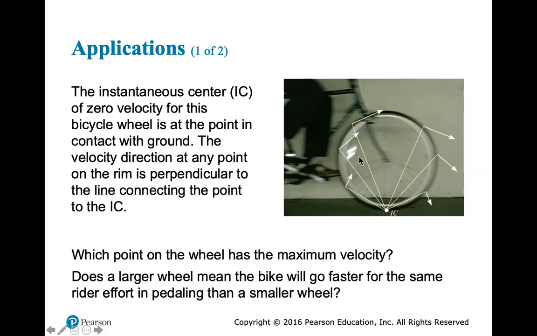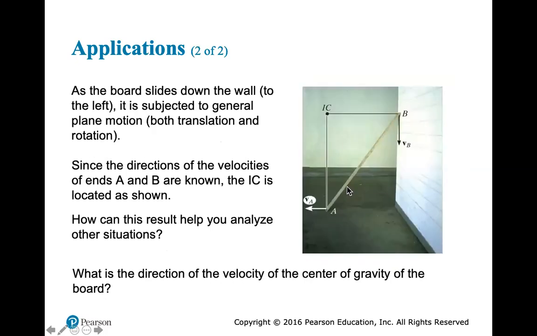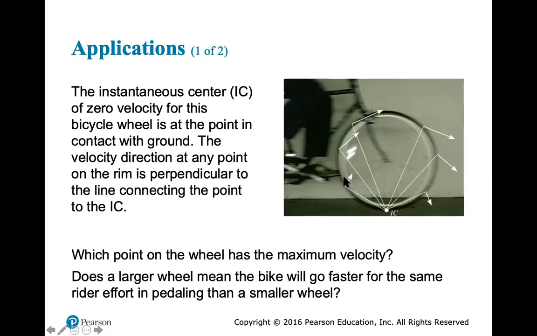And at any point on that tire, take a point here. The tire is rotating, but it's also traveling forward. So a typical point would have a mixture of rotation and translation.